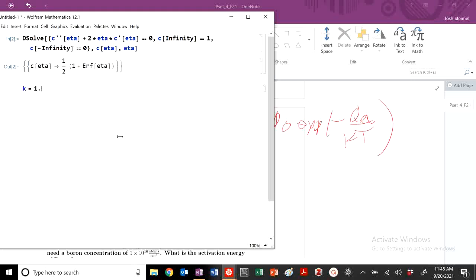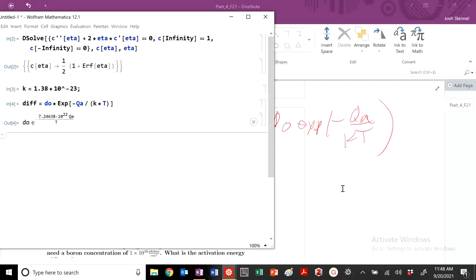K, I want to make sure we're in joules, so 3.8 times 10 to the minus 23. Now we can look at this function. I'm going to call it diff equals D naught times exponential minus Qa divided by k times T. So this is our generic equation setup.